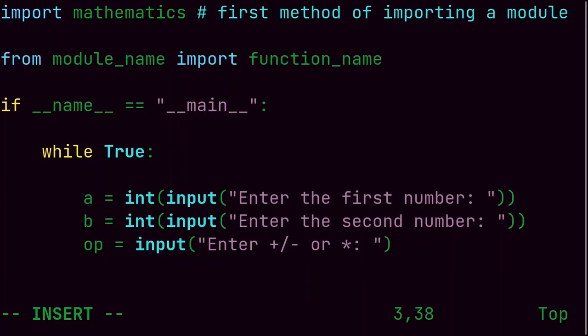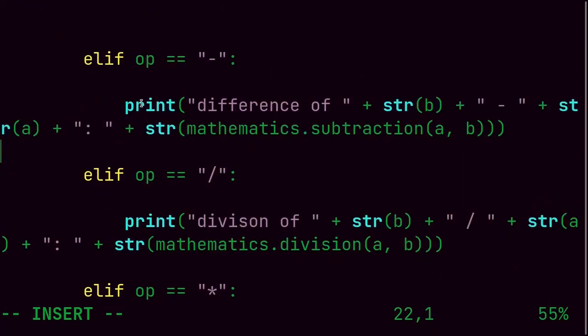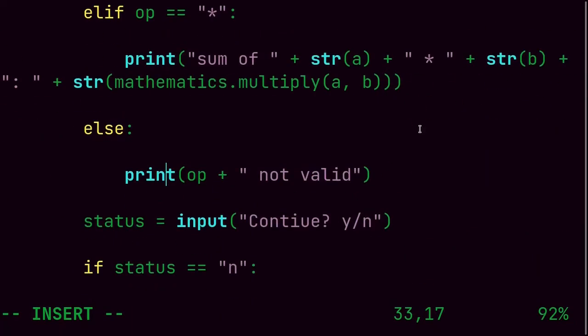I can import one specific function, or I can import all functions, and you use an asterisk for that. In this case, we'll use mathematics. If I do it this way, then I don't have to first say mathematics dot subtraction. I just call the method as it is. I'll be able to access that.